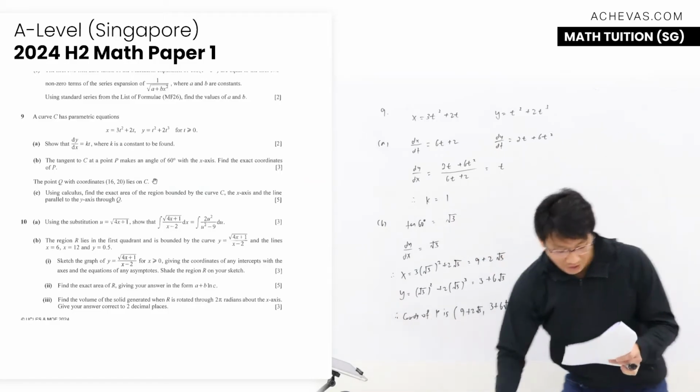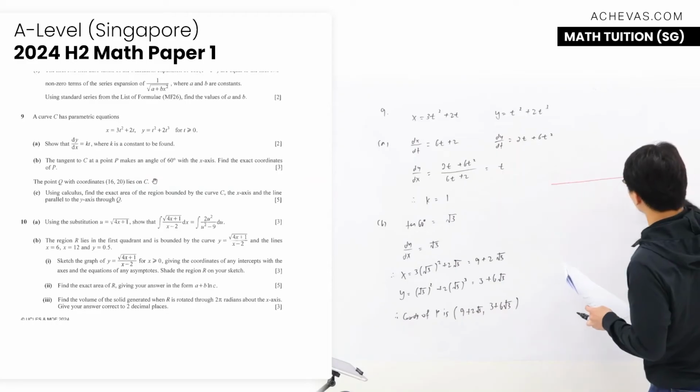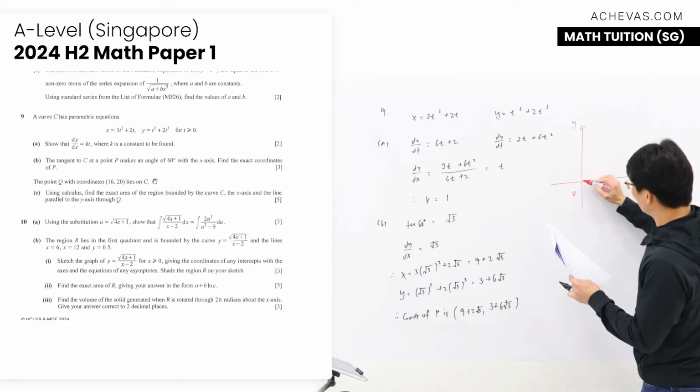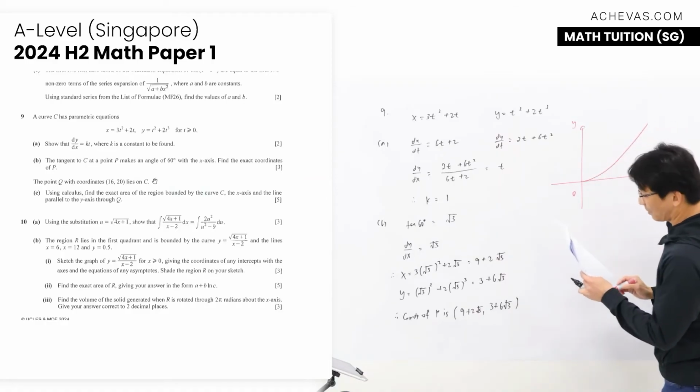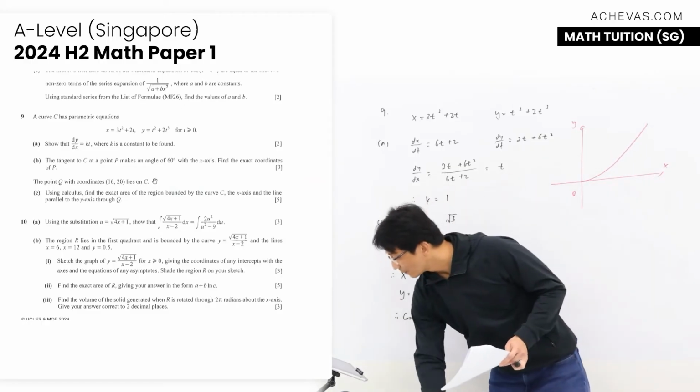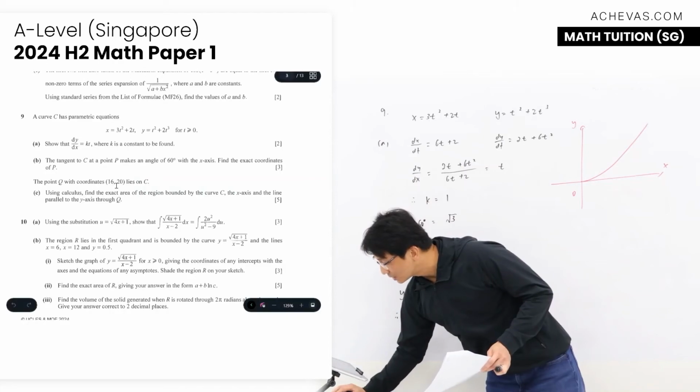Since we have our GC, I'm going to sketch out a graph here using my GC. This value here will just be like this. This is a parametric equation. And using the parametric, t equal to, which is here, 16, 20, because this point will lie on this curve here.